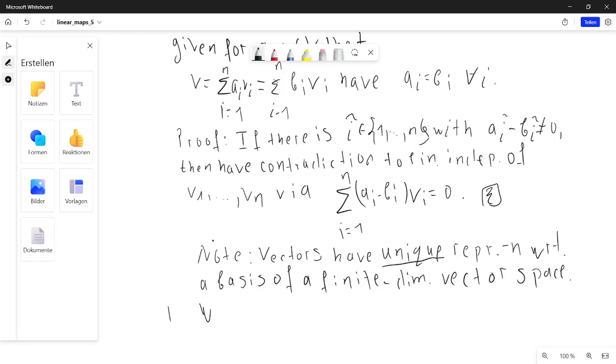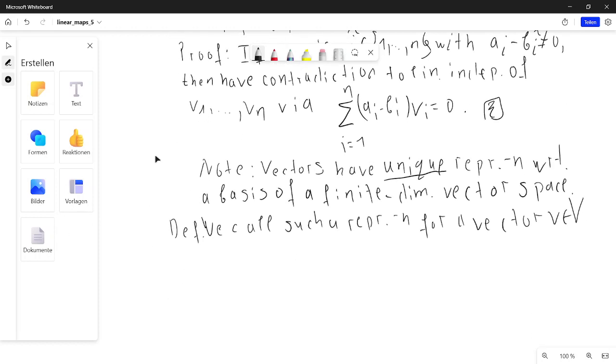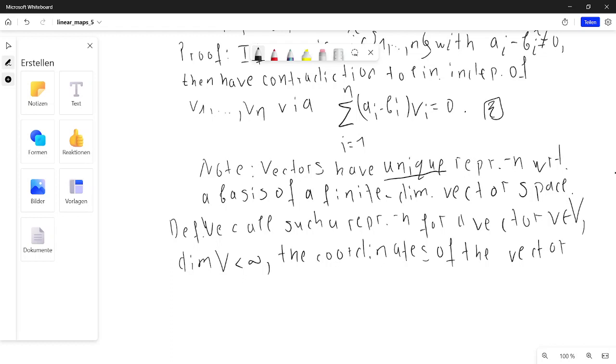We call such a representation for a vector v, in a vector space with finite dimension, the coordinates of a vector with respect to the chosen, fixed basis.